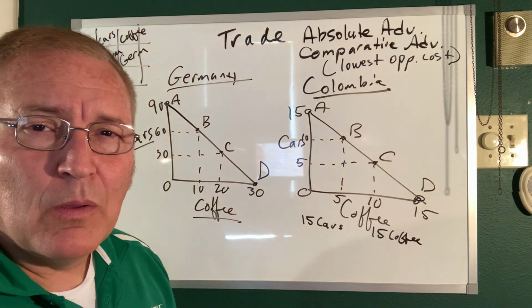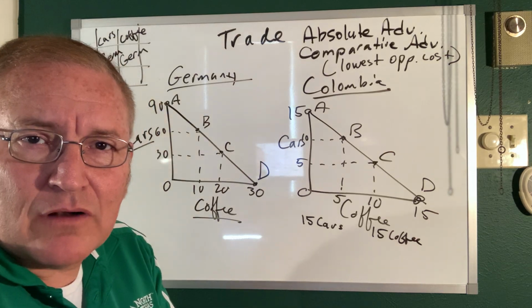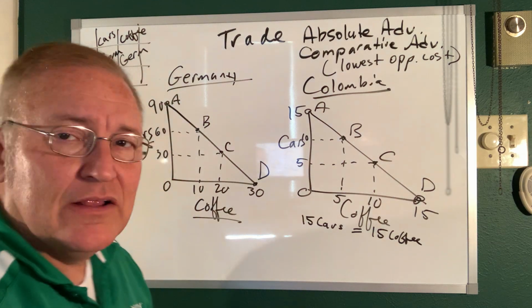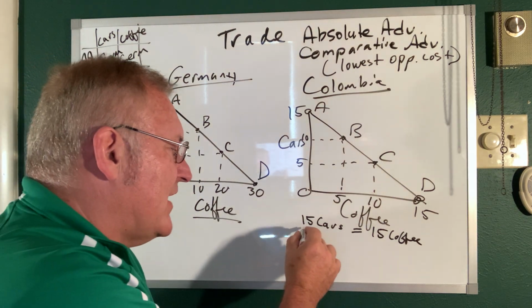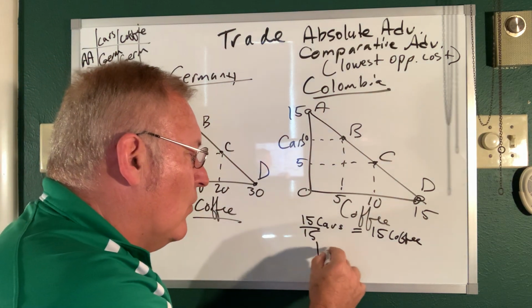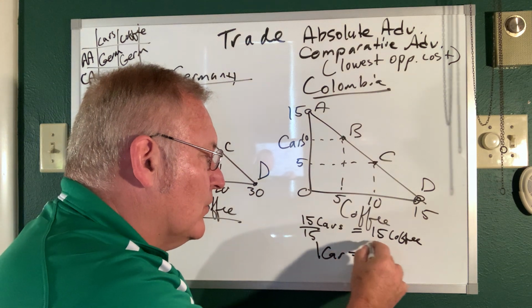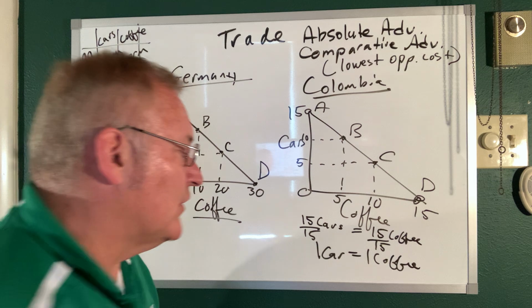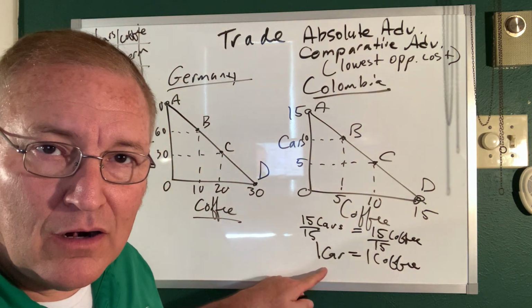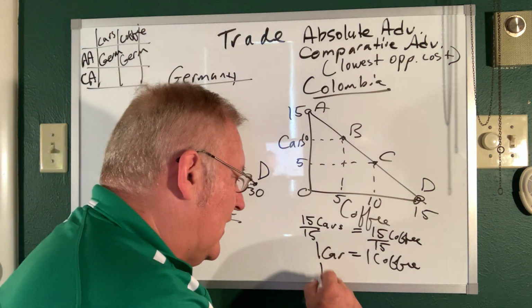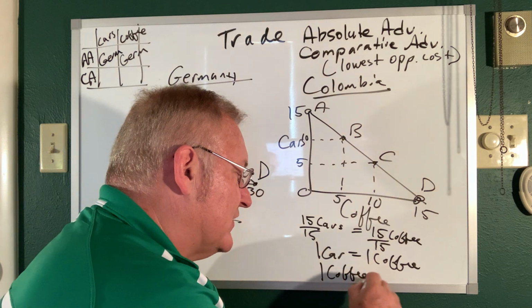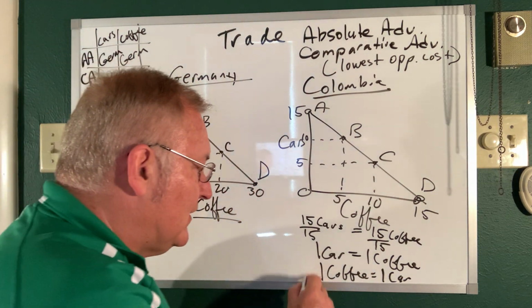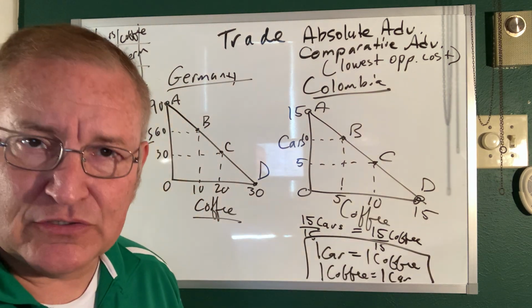Because that's a finite amount of resources, it's the same either way, those are equal. So to reduce this down, if I divide by 15, one car equals one coffee. So in order to gain a car, they have to give up a coffee. And vice versa is true: in order to gain a coffee, they have to give up one car. So that's Colombia's opportunity cost.